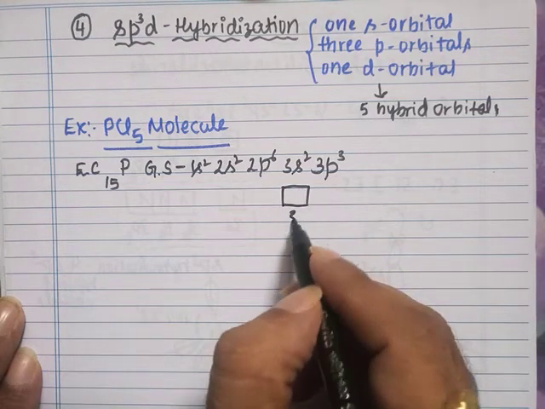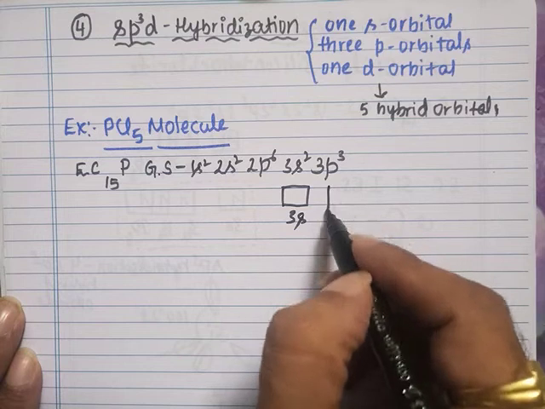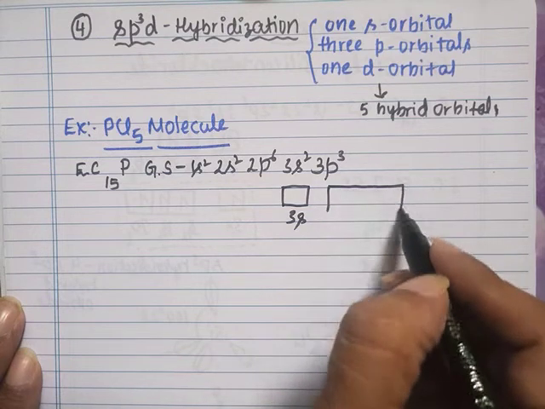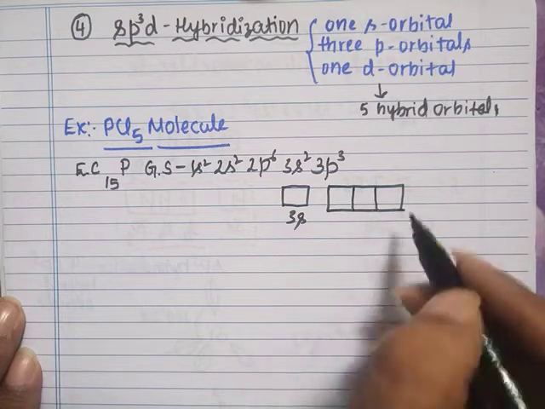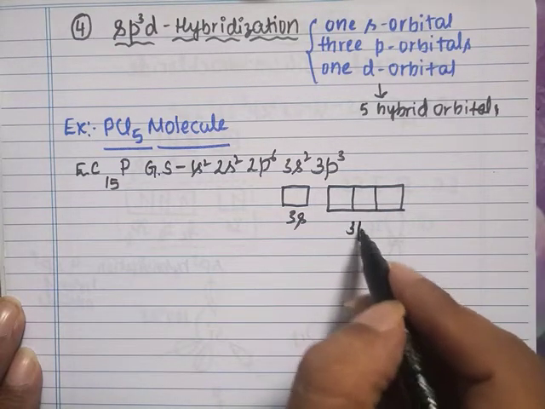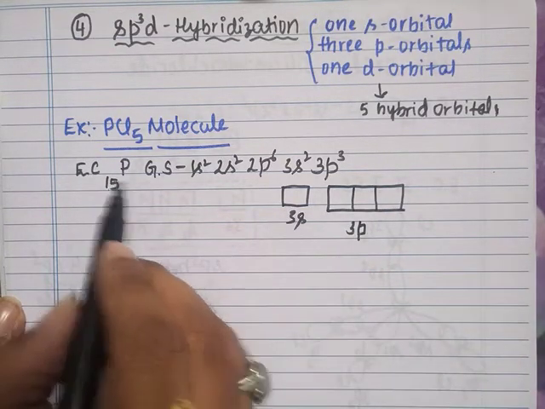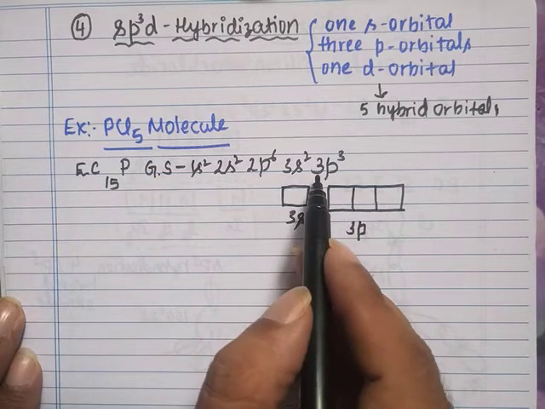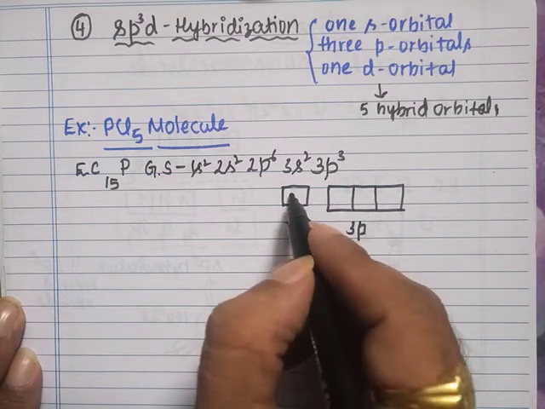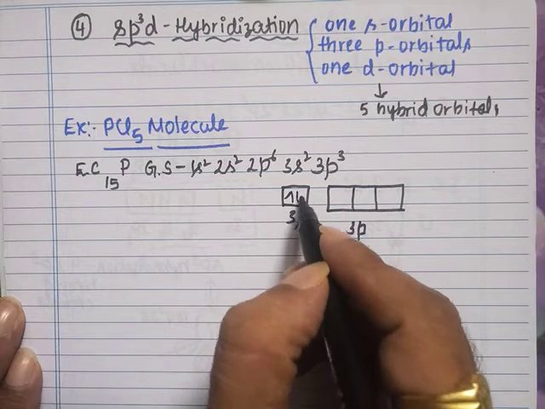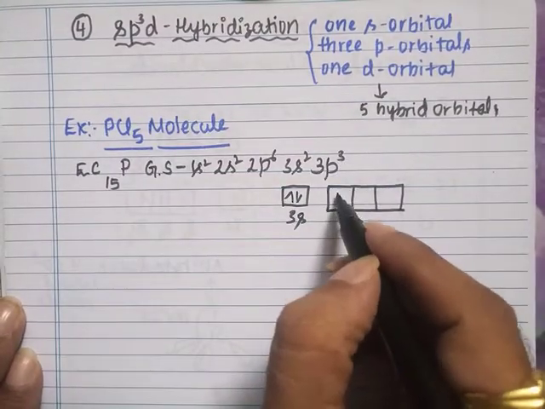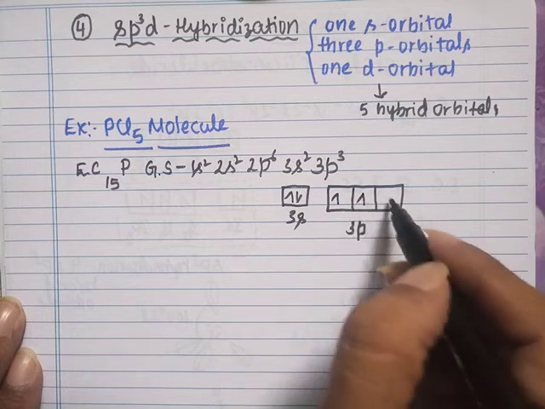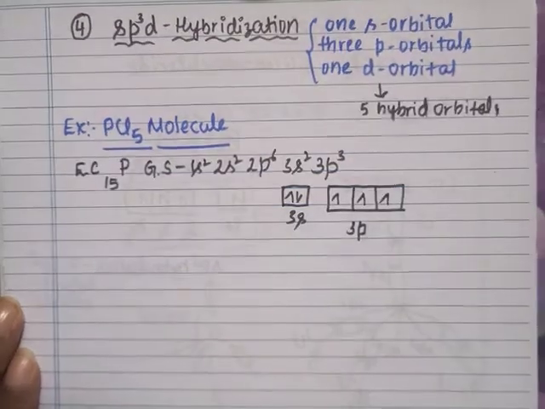In 3s it has 2 electrons, and in the 3p orbital it has 3 electrons. So this is the 3p orbital. The phosphorus in its valence orbitals contains 5 electrons: 2 electrons in the 3s orbital and 3 electrons in the 3p orbital.